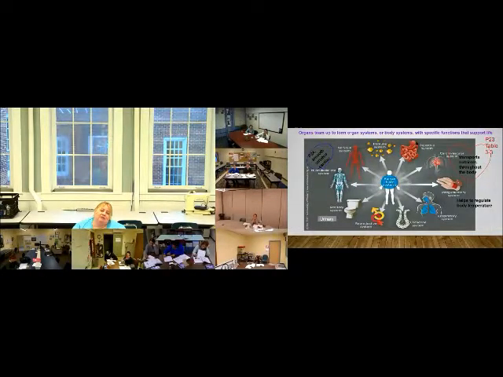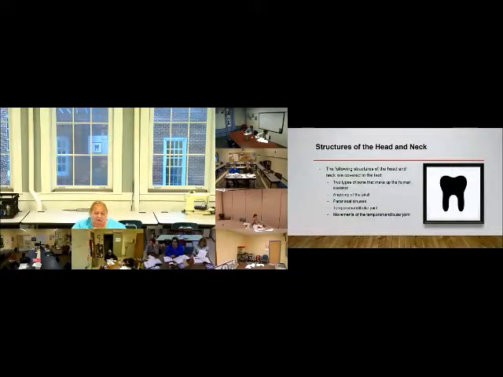So the striated muscles are the ones that do the work and help us to exercise. And then the cardiac muscle is your heart muscles. And you can find examples of all 11 systems in the head and neck.